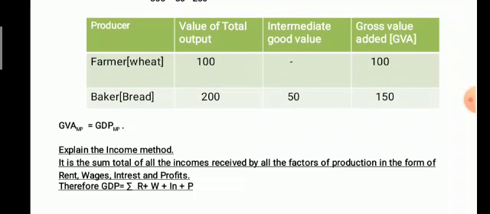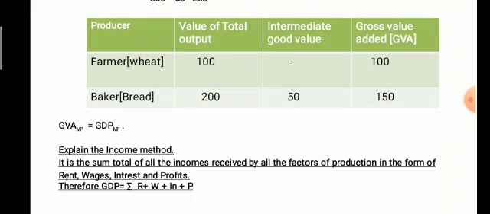Then the next method is the income method. It is the total of all the incomes received by all the factors of production in the form of rent, wages, interest and profit.